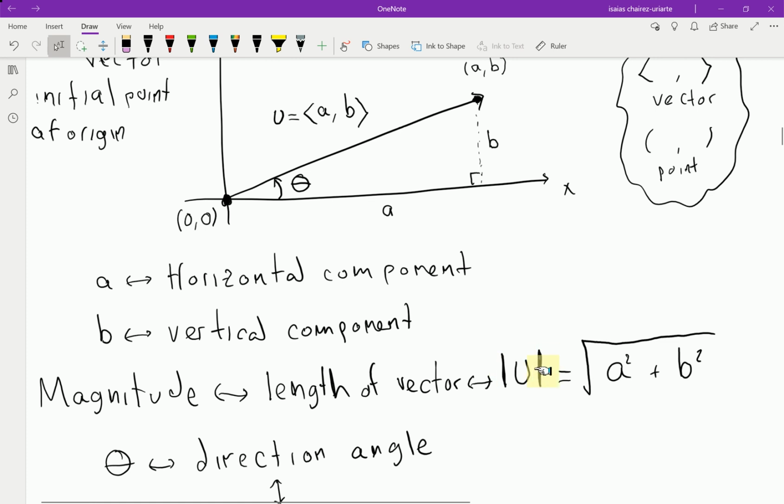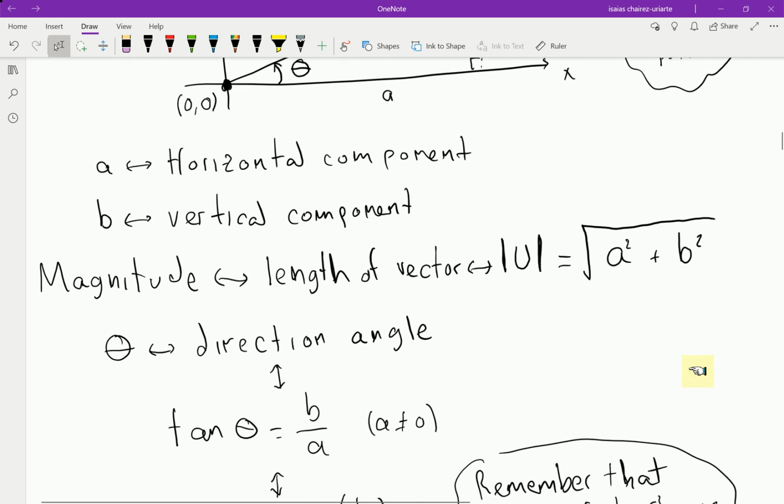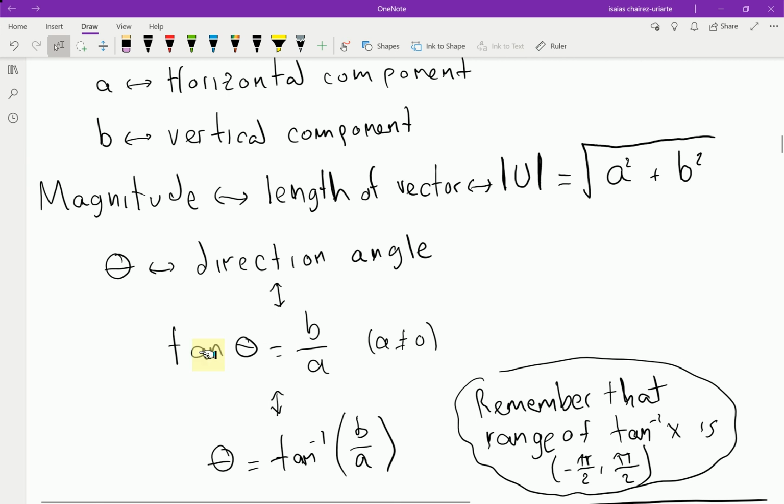The absolute value of u, the magnitude of the vector u, is the square root of the horizontal component squared plus the vertical component squared. To find the direction angle, you think tangent of theta equals opposite over adjacent, and then you take tangent inverse to find the direction angle. And you might have to adjust the direction angle to some coterminal angle.